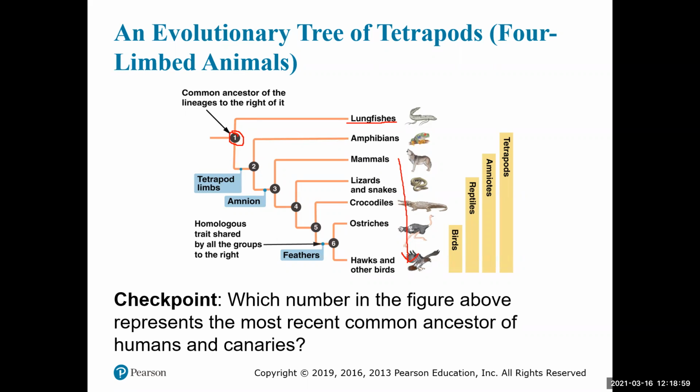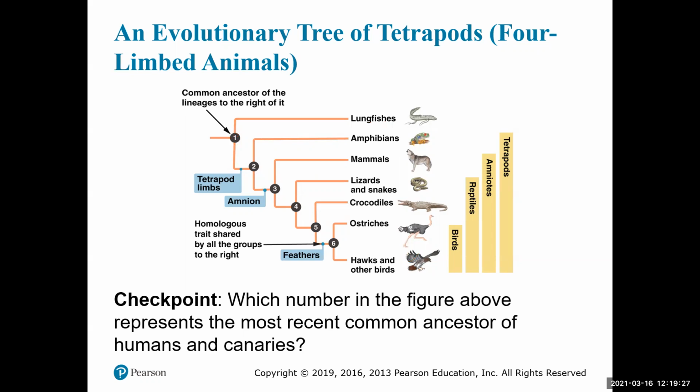But mammals are more closely related to lizards, snakes, and crocodiles than they are to amphibians, because mammals share a more recent common ancestor with lizards than they do with amphibians. Okay, and so that's some of the ways we can look at reading these evolutionary trees.